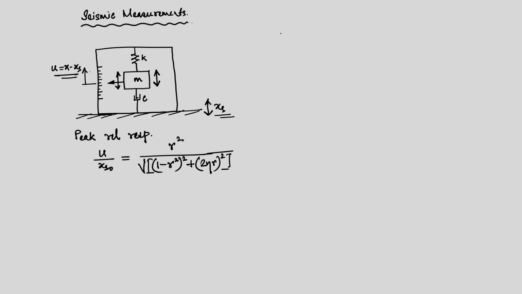Now, if you plot this, on the x axis we have r, the frequency ratio, and on the y axis we plot u divided by x_s0. Then again we have r equal to 1, that is resonance. So, this is r equal to 1, and when r equal to 0, obviously this quantity will be 0.